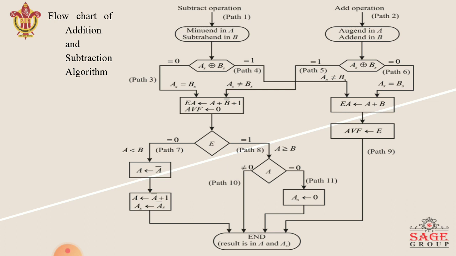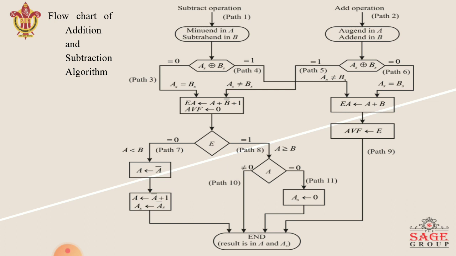In the subtraction algorithm, this is path 1, and in the addition algorithm, this is path 2. The minuend is in A and the subtrahend in B in path 1, and the augend in A and the addend in B in path 2.